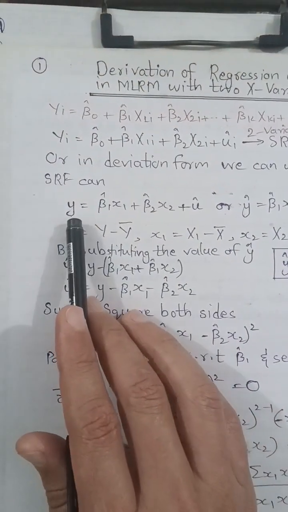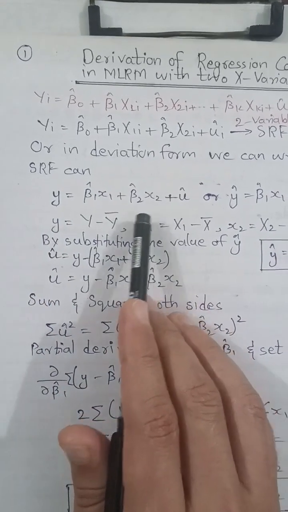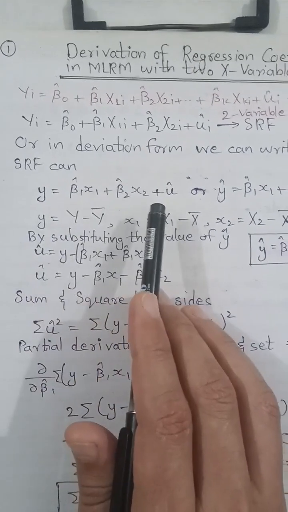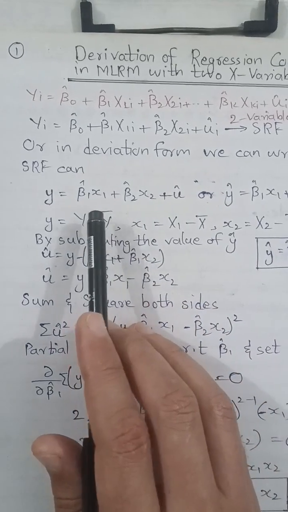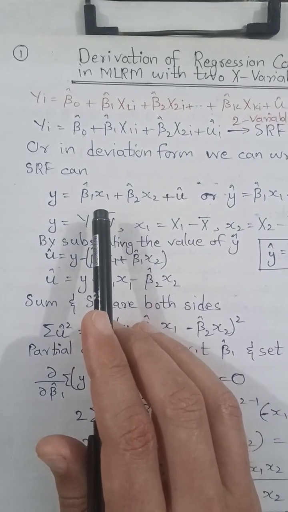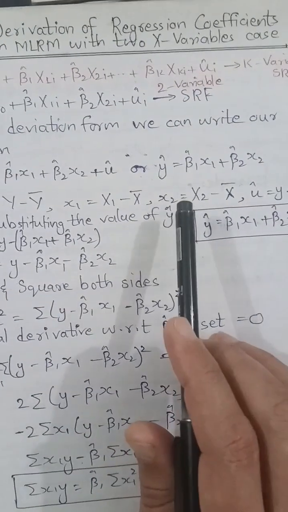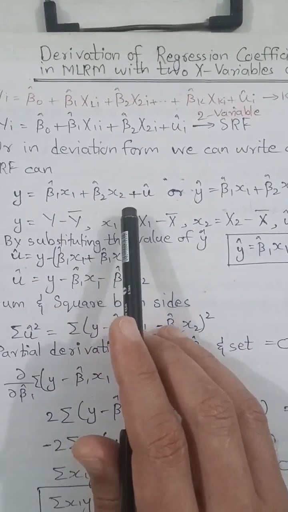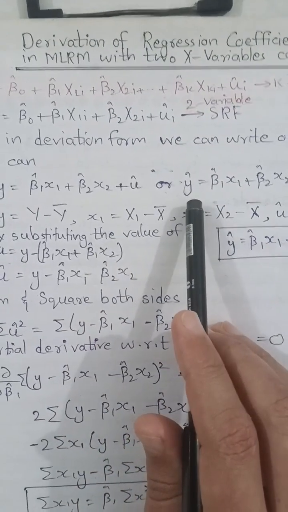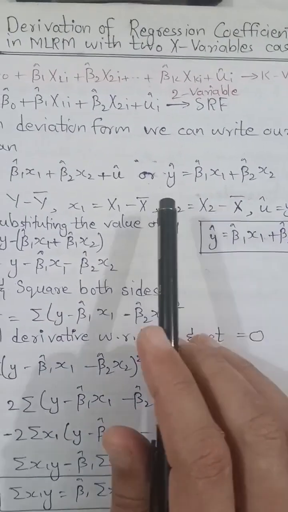Remember that these small alphabets show the deviated forms of each variable. Deviation means the spread of the variable around its mean. We can also write this SRF in this form: small y hat equals beta 1 hat x1 plus beta 2 hat x2.